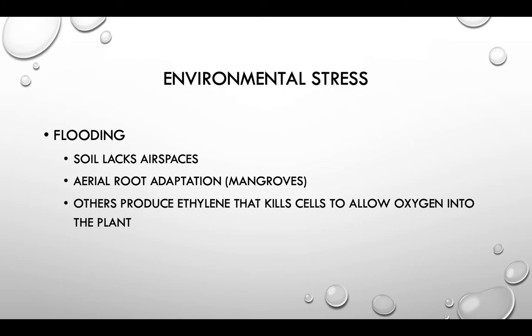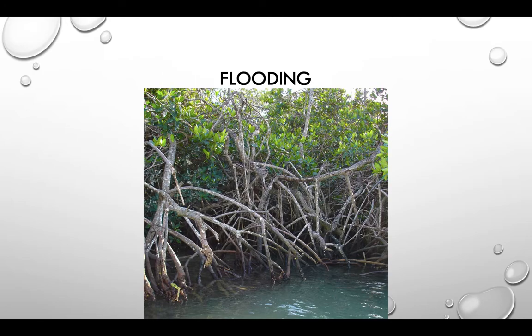Ethylene, of note, is also one of the main hormones involved in the maturation of fruits. So like the ripening of a banana, ethylene would be responsible for that. Here's a picture of some mangroves and living in salt water.